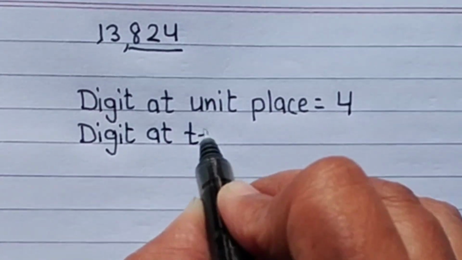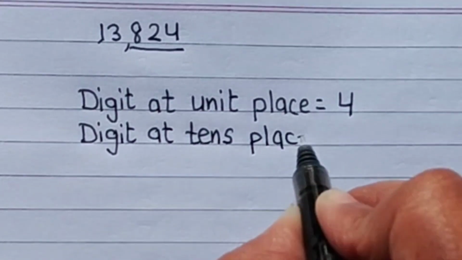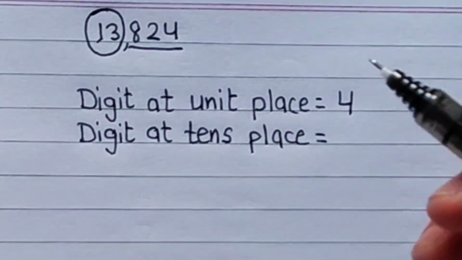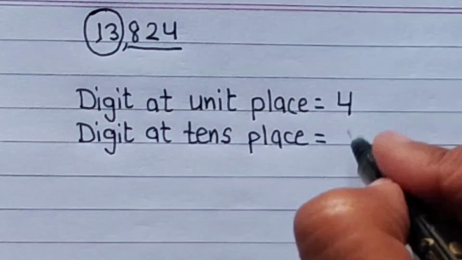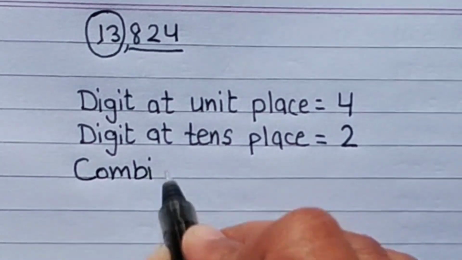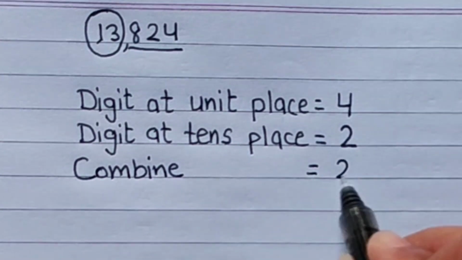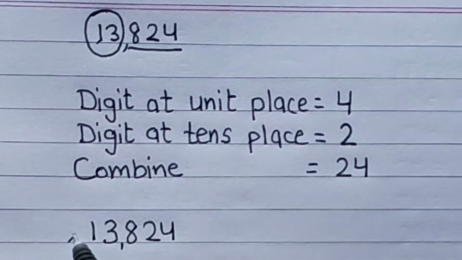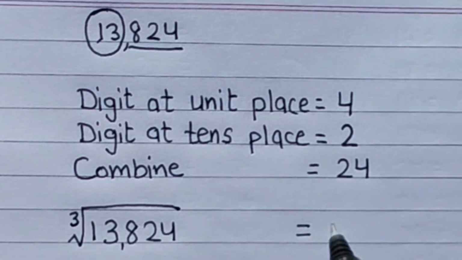Nearest cube of 13: 2 cube is 8 and 3 cube is 27. Because 27 is more than 13, we will take 2 cube. That means the digit at tens place is 2. Now combine both the digits. So cube root of 13,824 is 24.